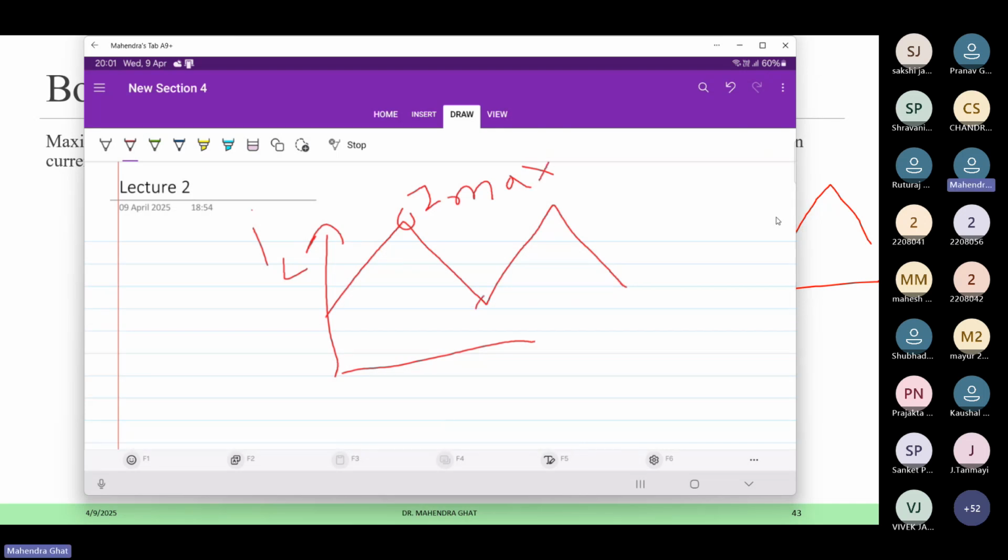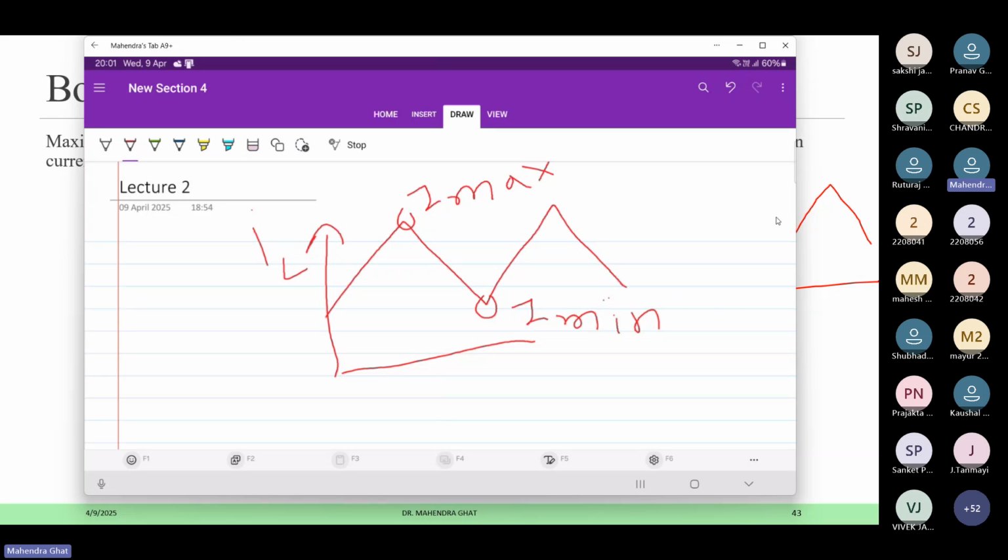You are able to see my screen, right? Different screen, not presentation. Yes, sir. Okay. So this is your inductor current. This is the IL, this you are getting as the I max, and this is the I min.